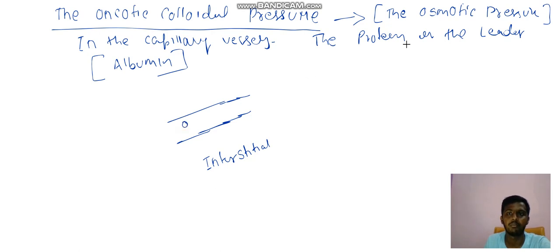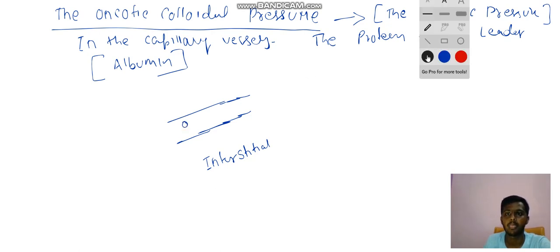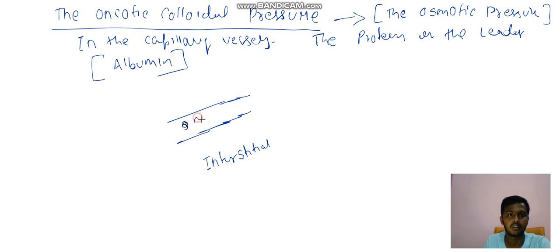Here this is a protein albumin. So we know that albumin will work as a solute here, and there is an interstitial region, and since interstitial region, interstitial fluid will be there.